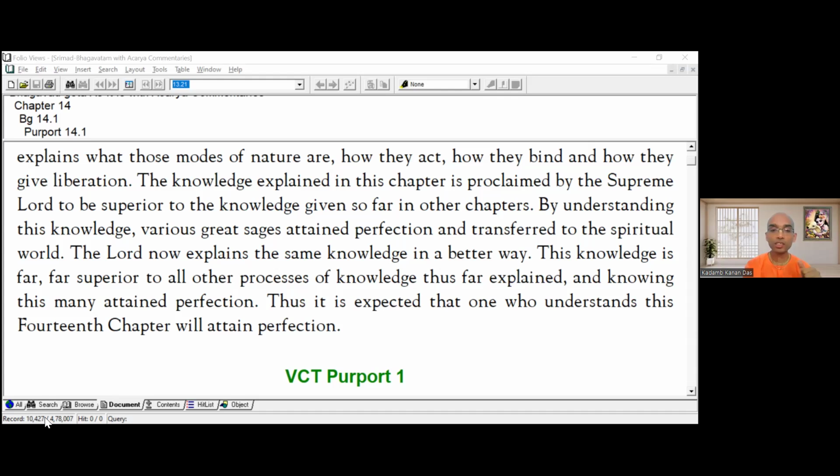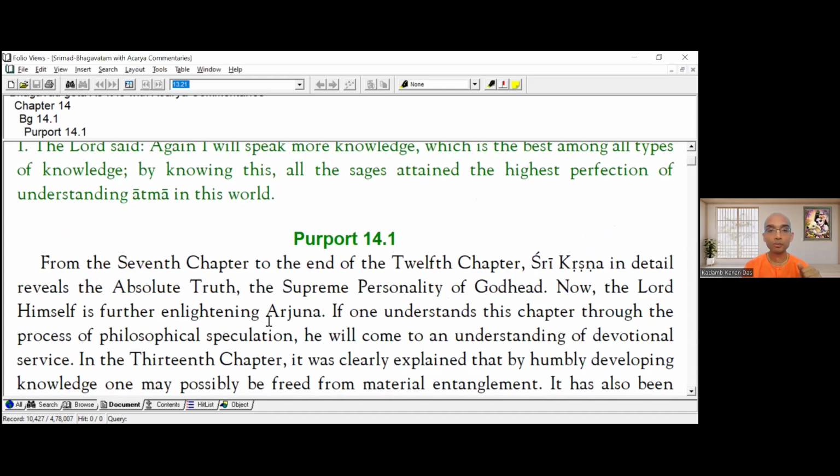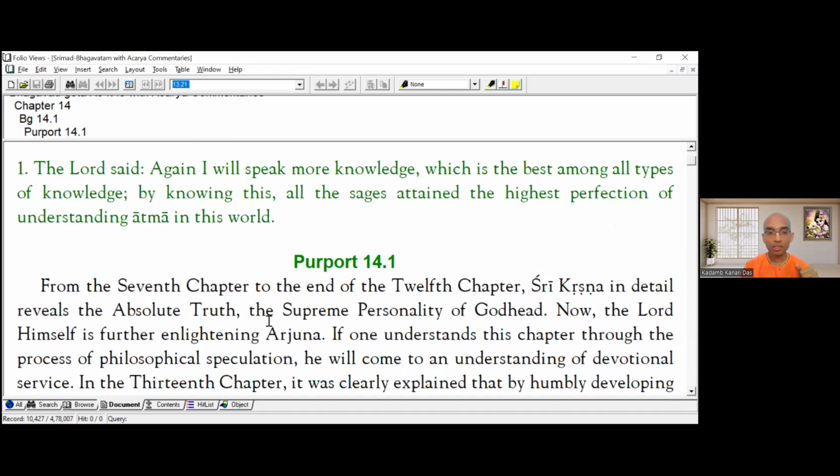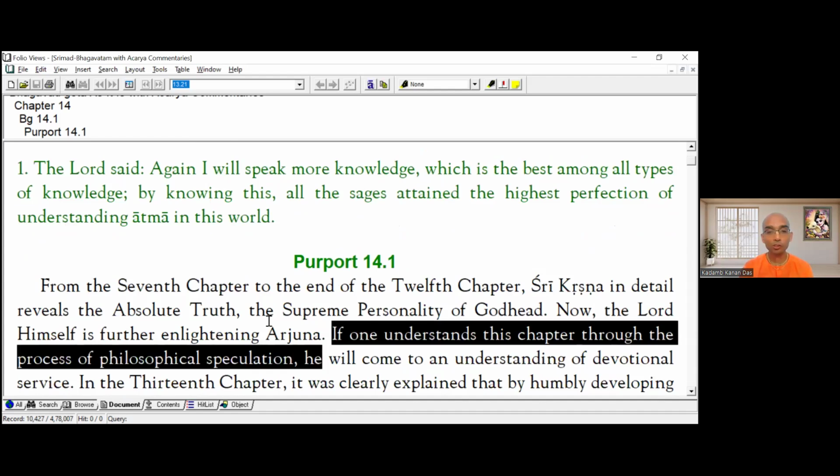Now here one word comes: philosophical speculation. Buddhi Yoga. Okay. In the third line, if one understands this chapter through the process of philosophical speculation. Now, why philosophical speculation? Generally, it is not good to speculate. No? We should have Shabda Pramana.